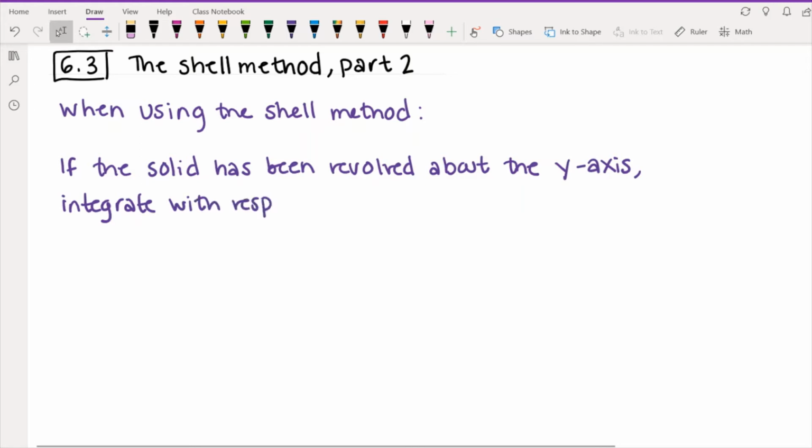So basically the variable that you're integrating with respect to is the opposite of the axis, right?